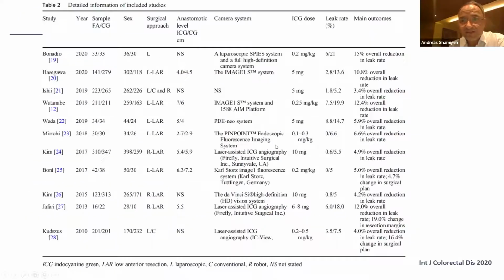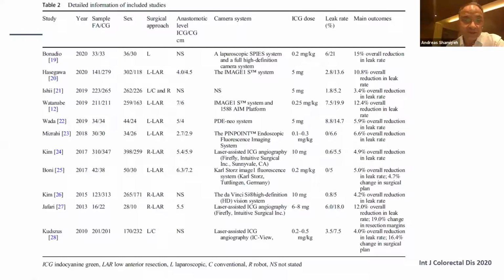And you can see on the very right part of this table that there is a reduction in leak rate in different groups, 15%, 10%, 3, 12 times. So there is a significant and a very high impact and benefit of using ICG in colorectal surgery.